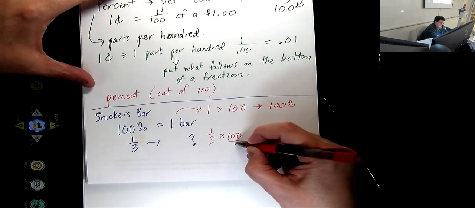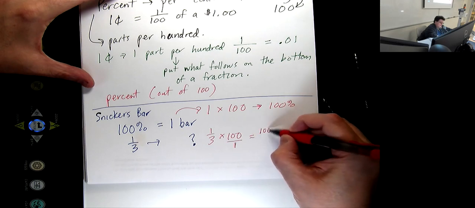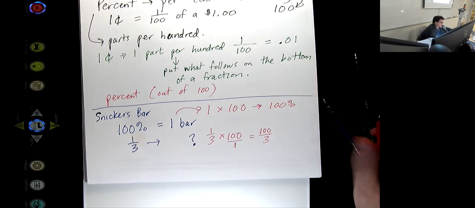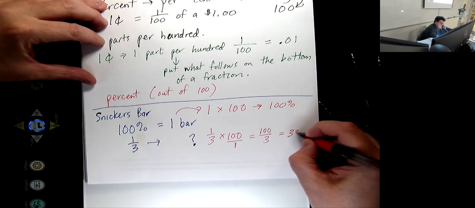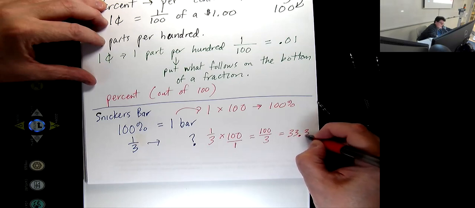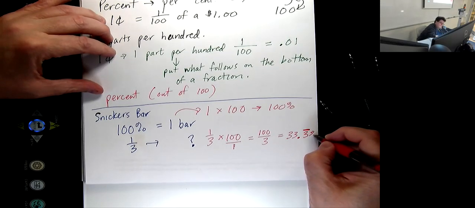That's 100 over 1 times 1 over 3, which is 100 over 3. This is going to get me to 33.3, and the 3 gets repeated, and we only do the repetition bar after a decimal point. I don't put the repetition bar in the 33 part. And this will be percent.